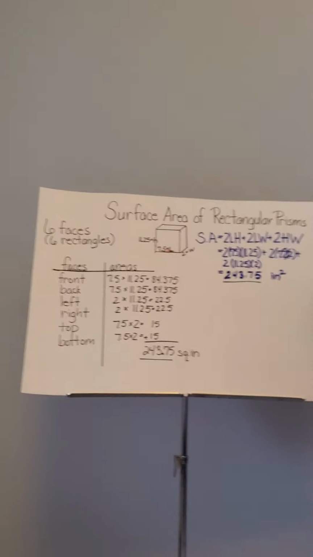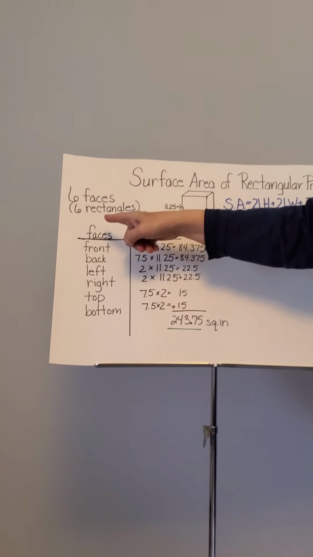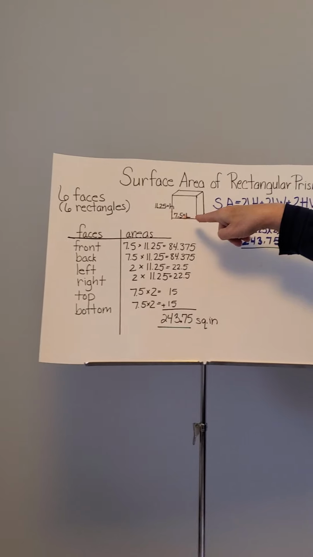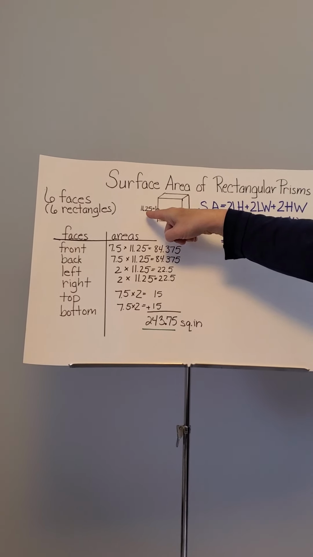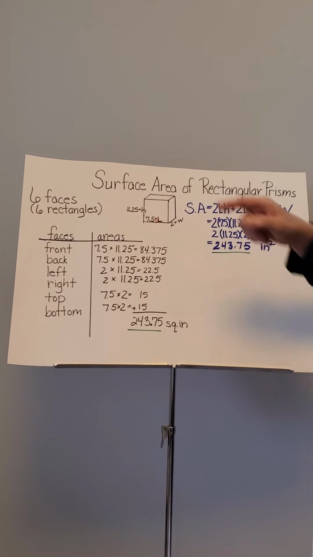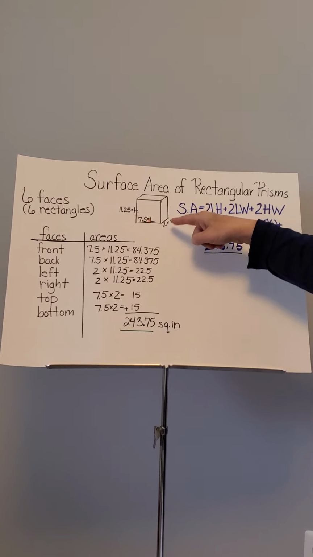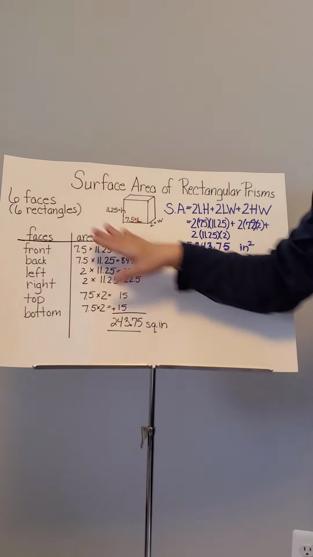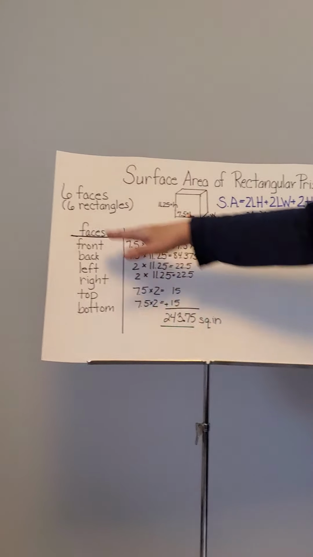Here's the math work. There are 6 faces, 6 rectangles to make the cereal box. Here's a little mini version of it. I've got the height of 11 1/4. This long length across is 7.5 inches, and it's just 2 inches wide to the back. So over here, I broke down in table form the 6 faces.